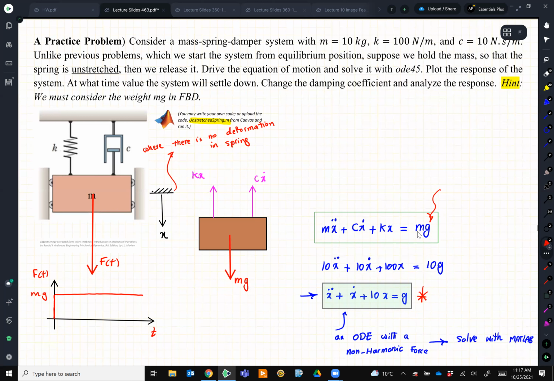Probably if you're taking courses in control, you'll see the response of this system, or maybe let me draw it separately. The response of this system should be, let's say, a jump, coming down, and then settling down at some point.